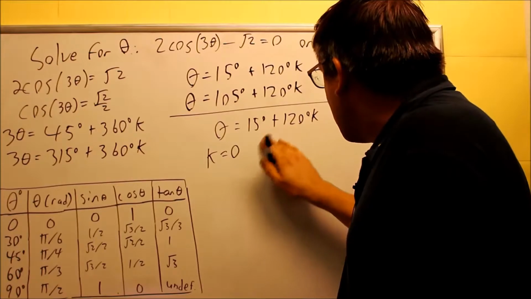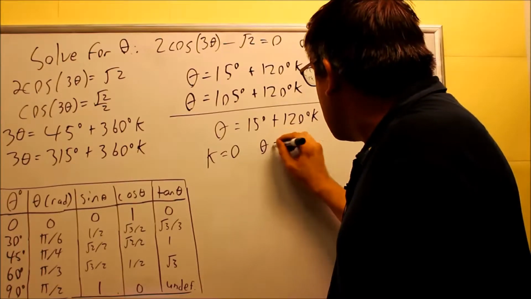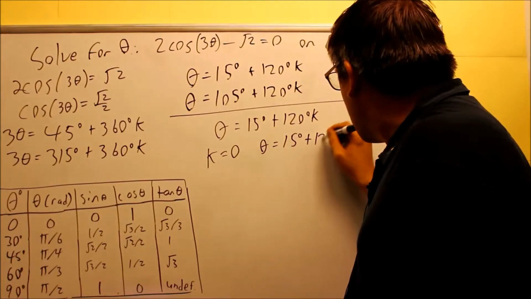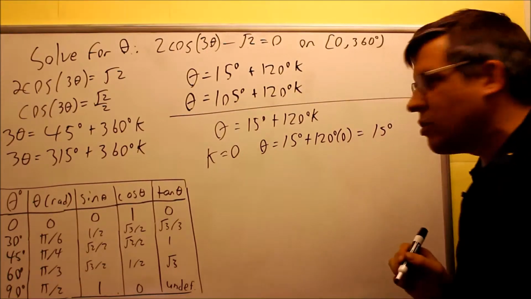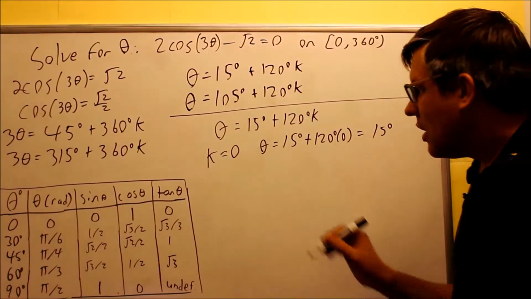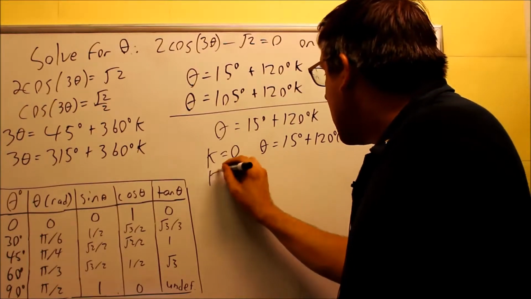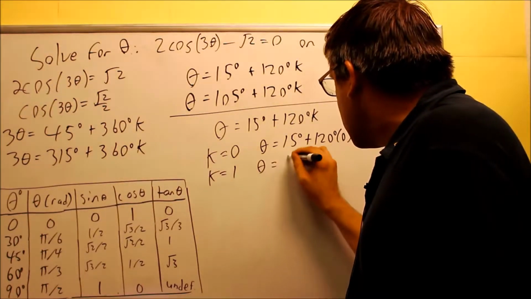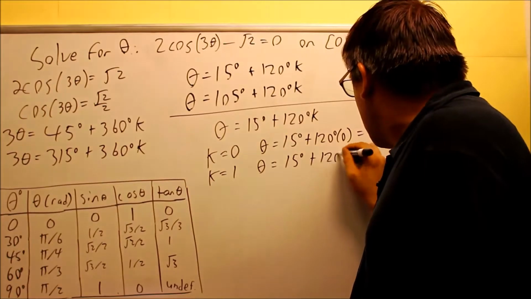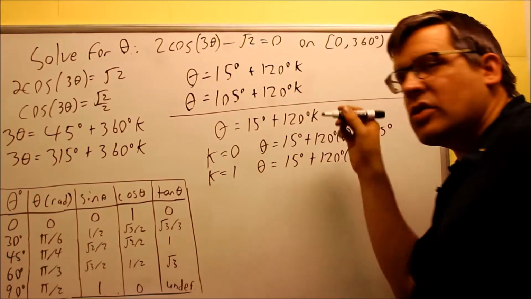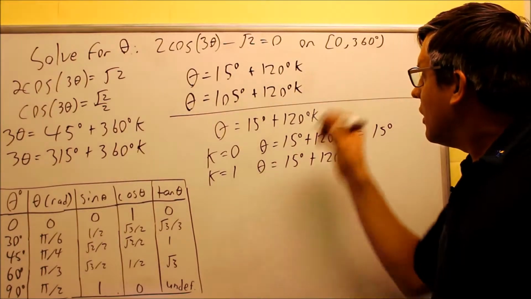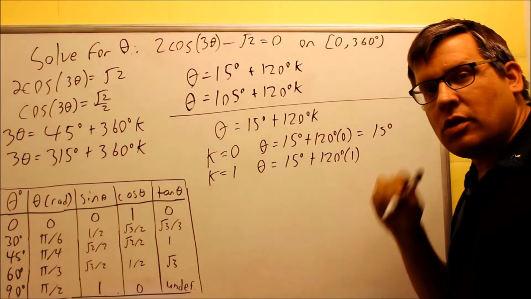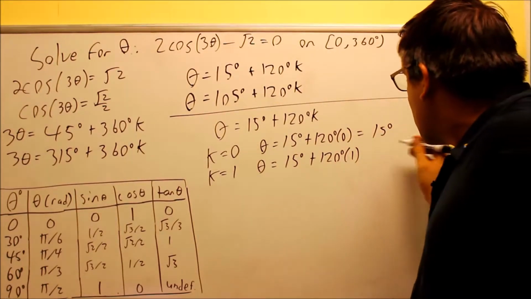So I get, when I do that, theta is equal to 15 degrees plus 120 times 0. That's going to give us our first solution of 15 degrees. Next, I want to make k equal 1. That's 15 degrees plus 120 times 1. You always start k out at 0, and you always go 0, 1, 2, however many, until the angles are no longer between the 0 and 360 that we're looking for.